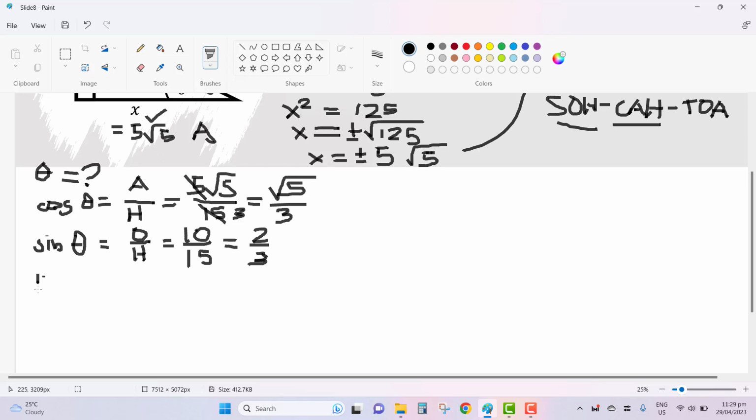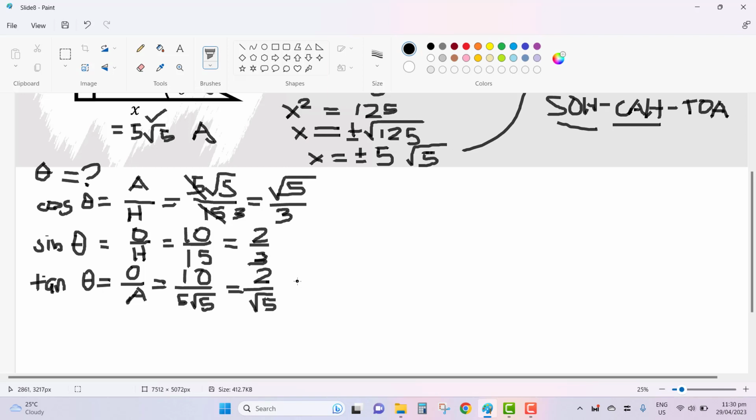Let's proceed to the third one, tangent theta. Tangent theta is the ratio of opposite side over adjacent side. Opposite is 10. Your adjacent is 5 square root of 5. Of course, 10 also has a factor of 5, so you could write this as 2 over square root of 5.